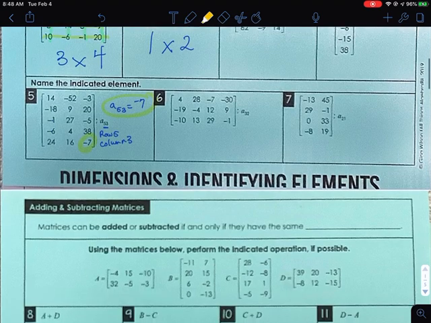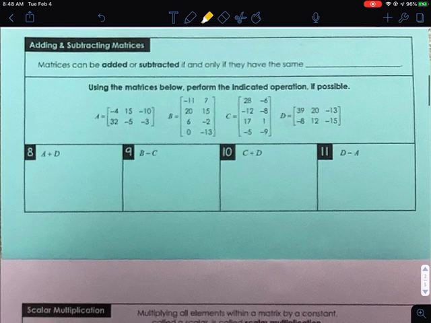We'll go ahead to adding and subtracting matrices. Matrices can be added or subtracted if and only if they have the same dimensions. Okay, which means they have to have the same number of rows and the same number of columns.